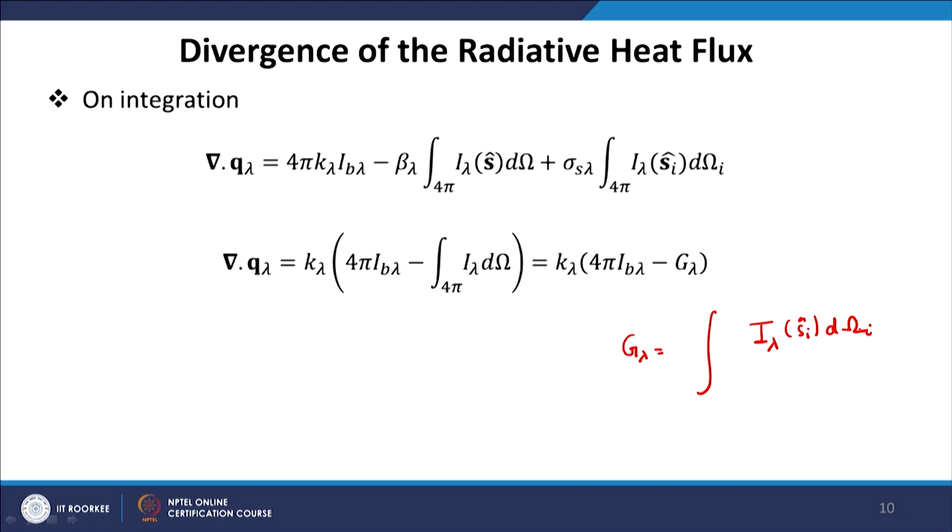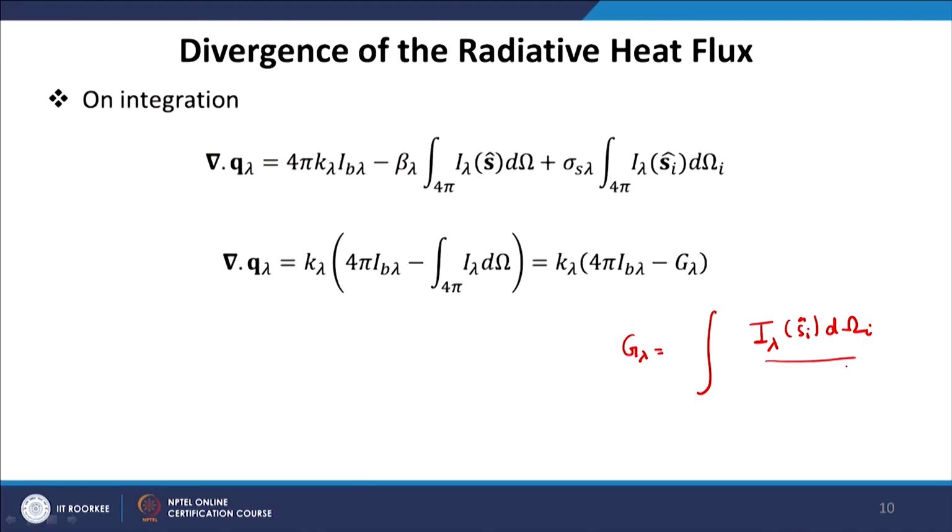If we have to calculate the heat flux, we will take I lambda and the dot product between the surface normal and the direction s i, but incident radiation is defined as the total intensity coming from all 4 pi directions. So, it is basically a measure of total intensity coming from all directions. We integrate the intensity from all the directions to get the incident radiation.